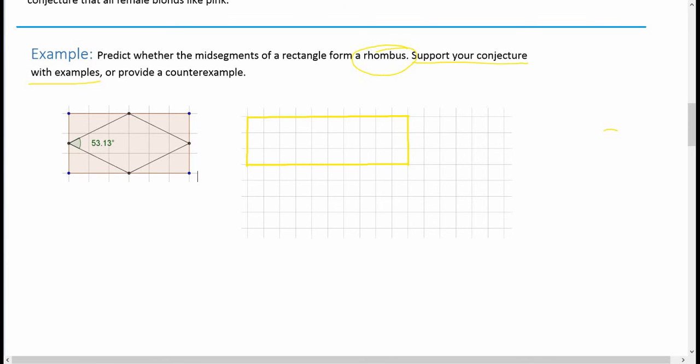So let's try to show it forms a rhombus. Okay, so this length is 1, 2, 3, 4, 5, 6, 7, 8, 9, 10. That's great. I don't even need a ruler. 1, 2, 3, 4, 5 is the midsegment. And here 1.5, 1.5, 5. Let's draw some lines.